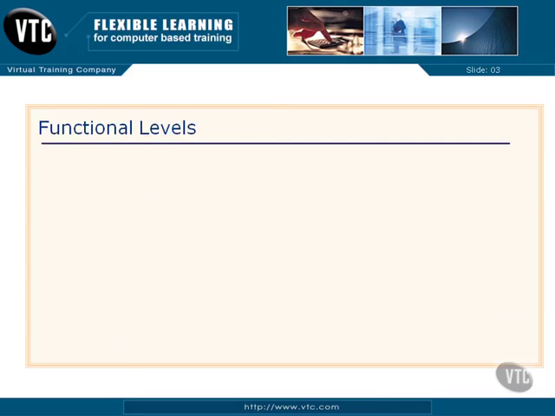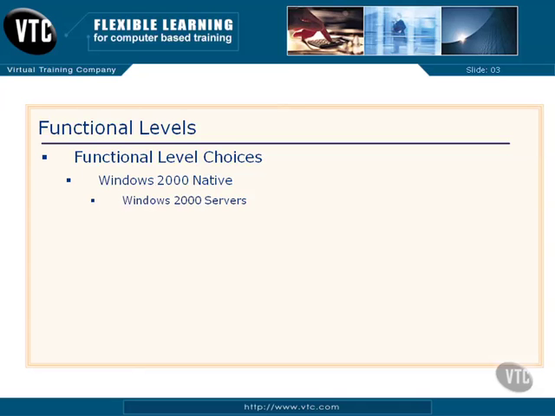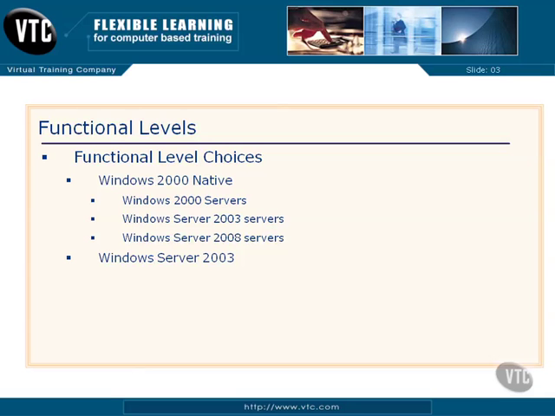Now let's look at the functional levels, just so that you'll know what your choices are. You can choose Windows 2000 native, and this means that you can have Windows 2000 servers, Windows Server 2003 servers, and Windows Server 2008. But really what this means is there are no NT4 servers in your domain or your forest.